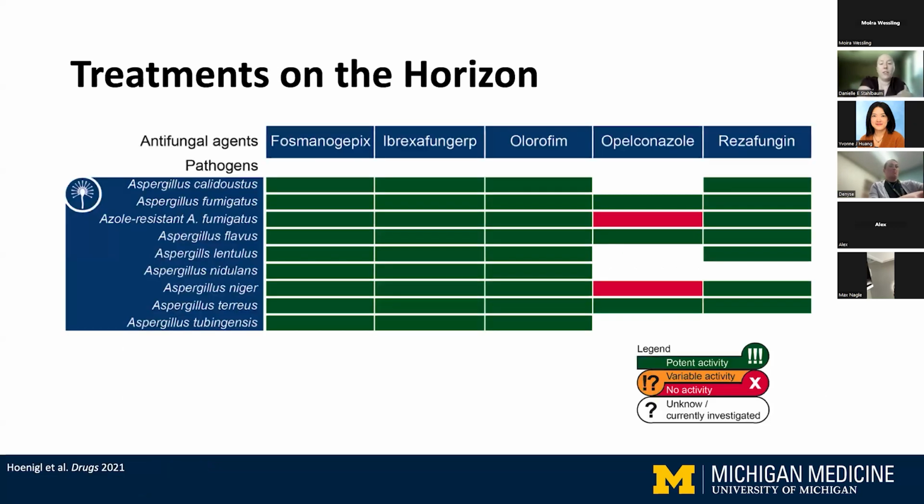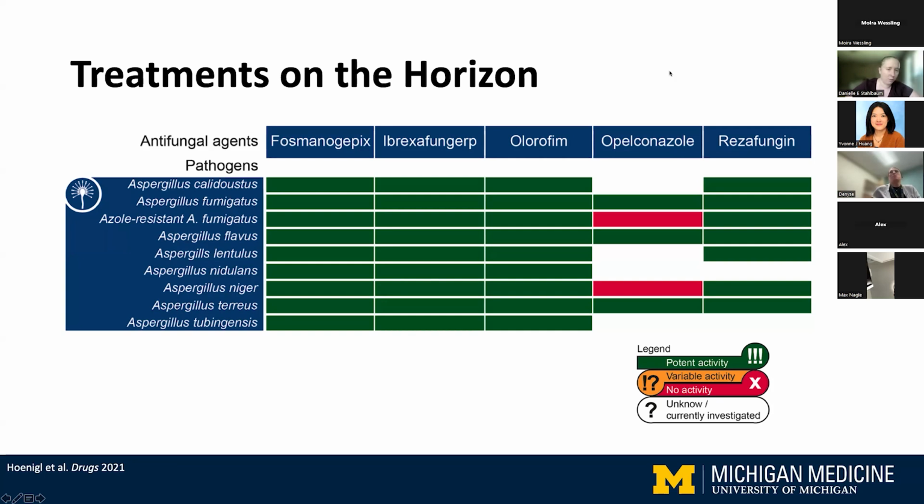With that in mind, there are some other treatment modalities that are being actively investigated. The two that I want to highlight based off of this slide is opelconazole. This will be interesting because it is an inhaled triazole, and the hope is that we can get higher concentrations of the antifungal down into the airways without some of the systemic effects or as much drug-drug interaction.